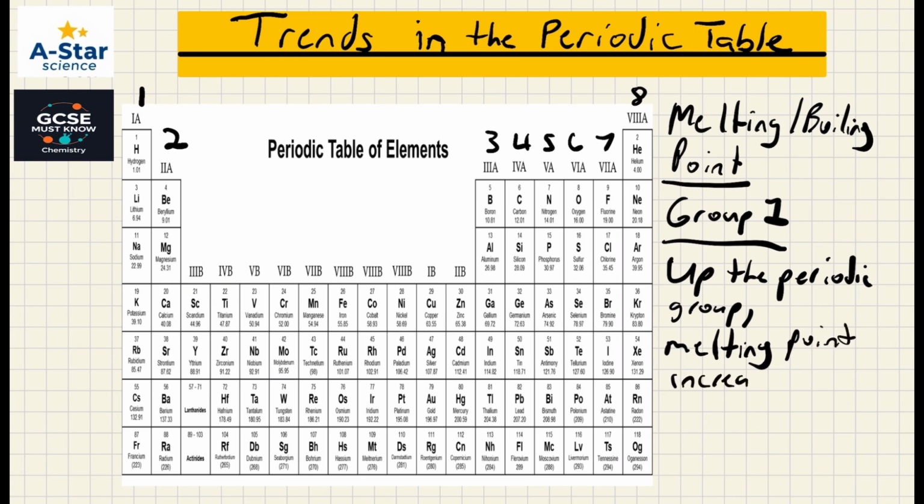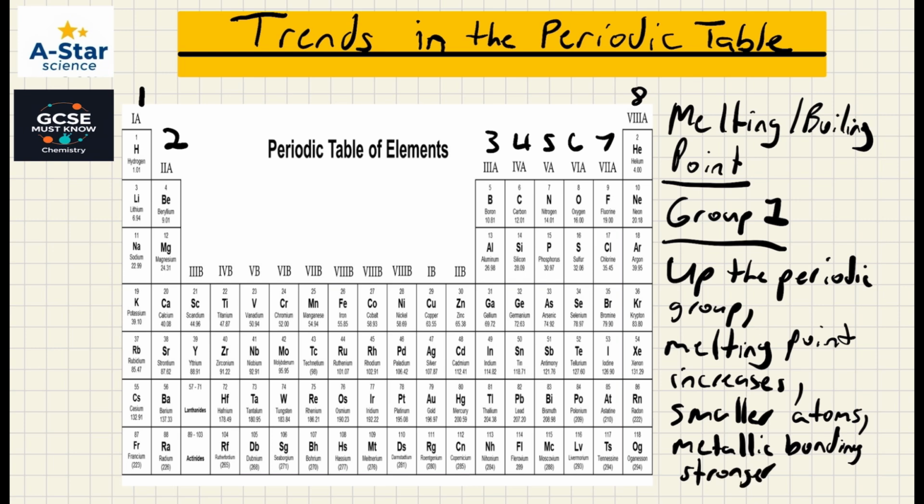Now, this is because the atoms actually get smaller, and that makes the metallic bonding in the metals stronger. So group 1 are quite soft metals anyway, but as you go up the group, the melting point actually increases.